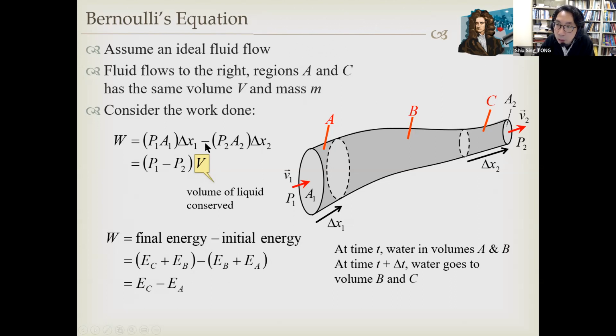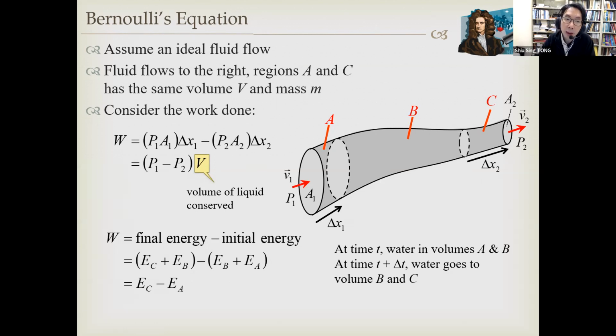The reason we add a negative sign is that the water is flowing out of the pipe, but the pressure is pressing into the pipe. So the pressure force and the water flowing direction are in opposite directions. The external pressure does negative work, so that's why we add a negative sign to the work done by the external fluid.